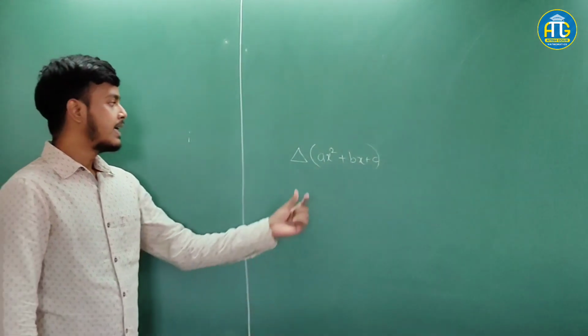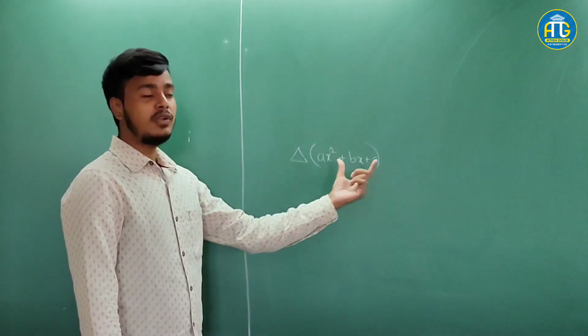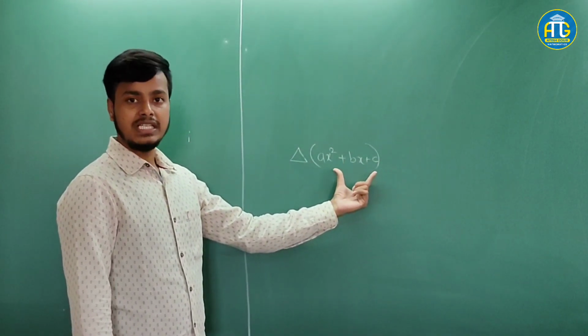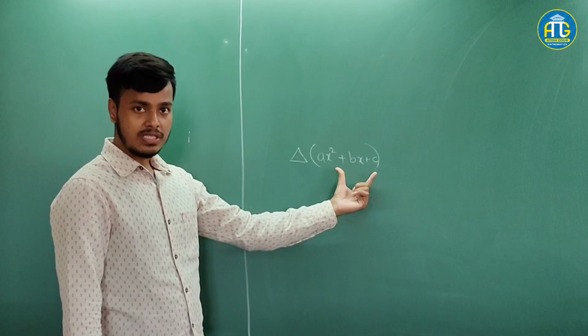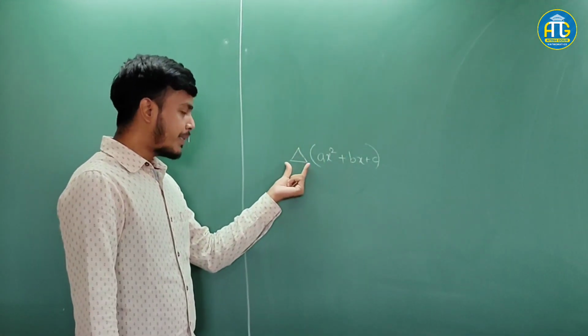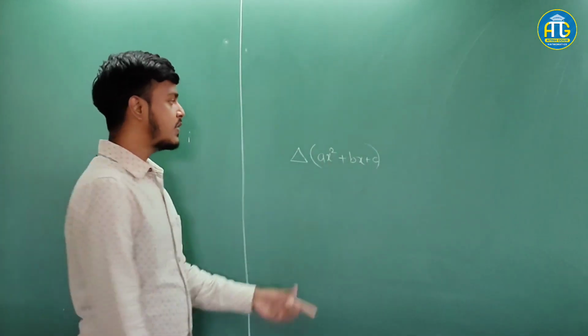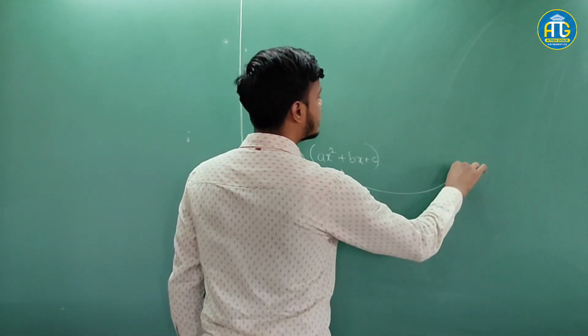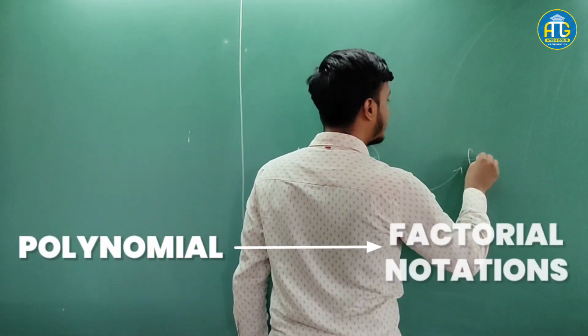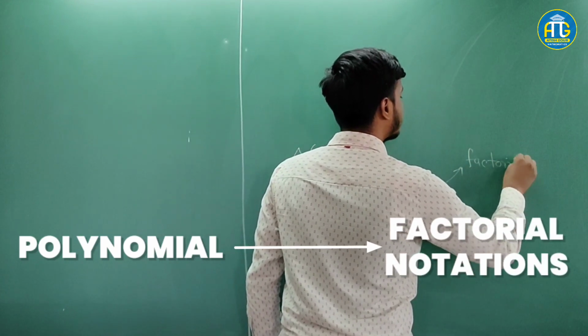But the forward difference of a polynomial you cannot easily find out, because to operate this forward difference operator on a polynomial, first you have to convert this polynomial into a factorial notation.